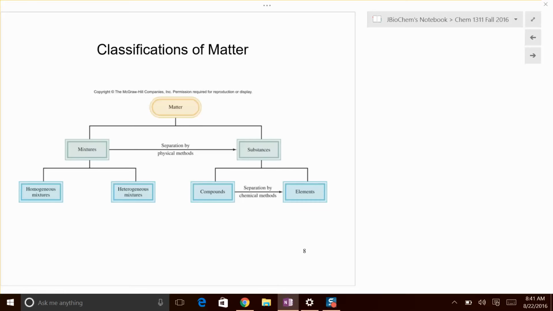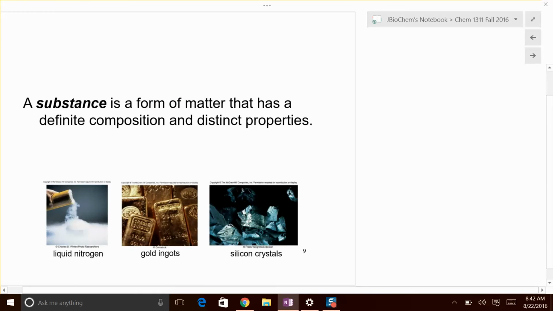So let's see. Here we see different substances. A substance is matter that has definite composition and distinct properties. Here we have liquid nitrogen, which is very different than the solid gold. The gold is very different than the silicon crystals.